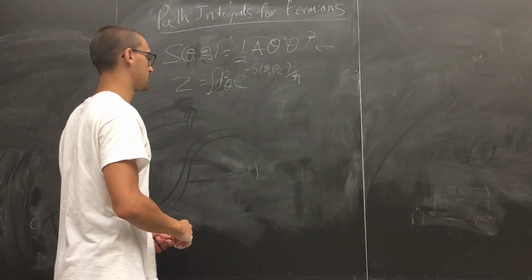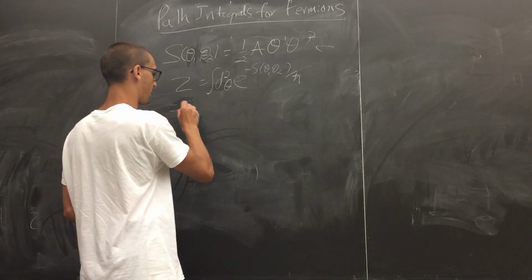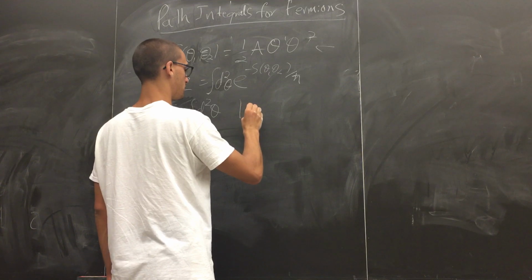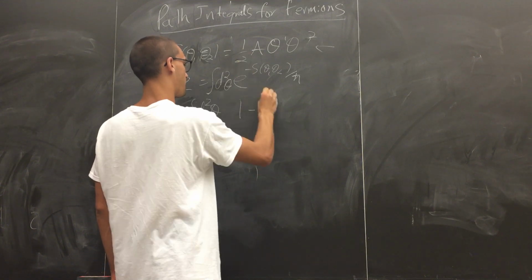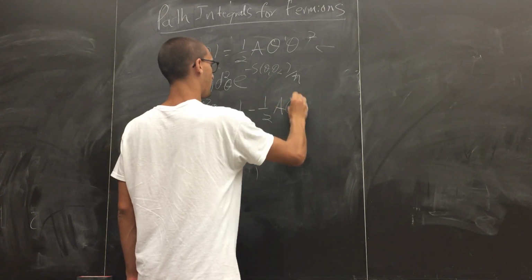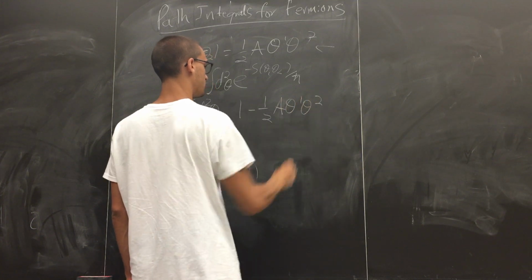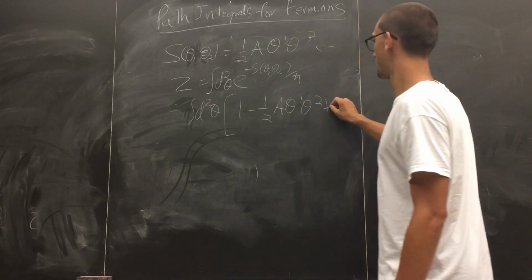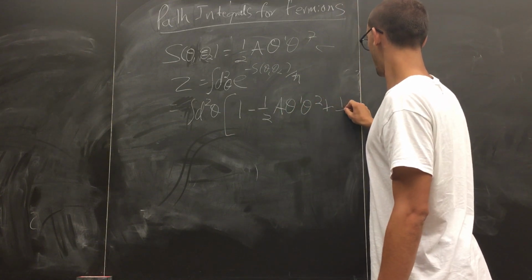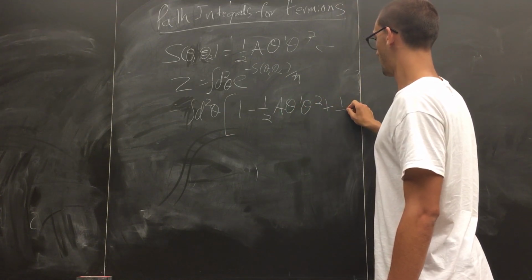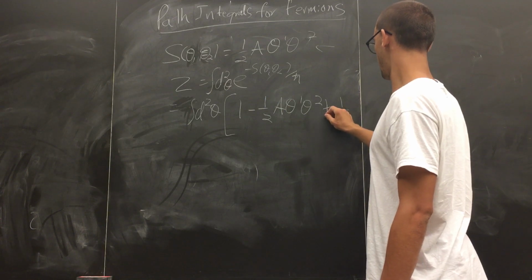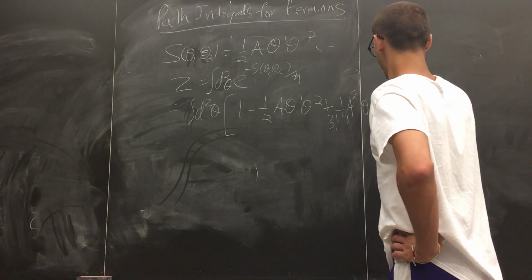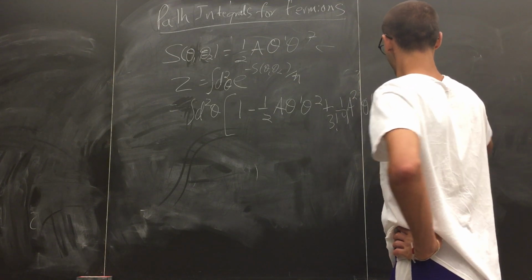So we're summing all the possible states. And then what this gives us is 1 minus one half A phi1 phi2. And then we could expand it, let's do another term, plus 1/4 factorial A squared phi1 phi1 phi2 phi2.